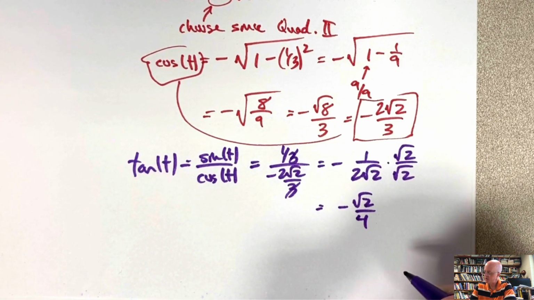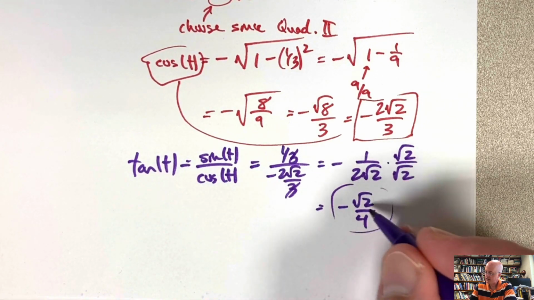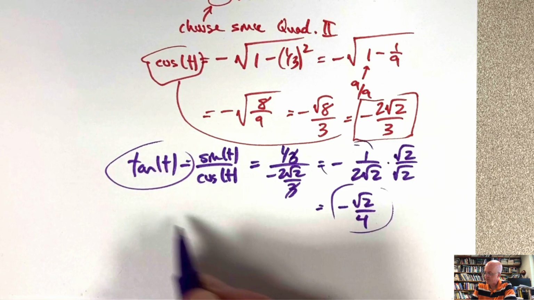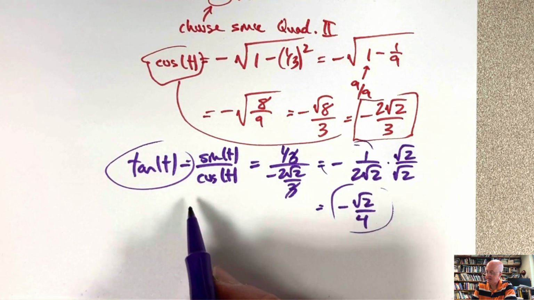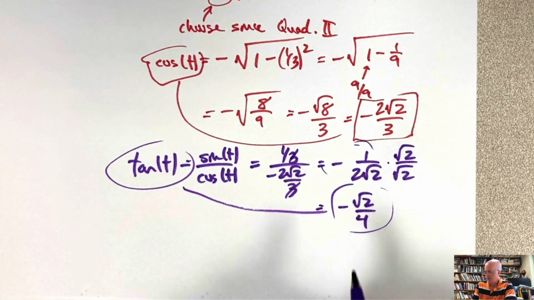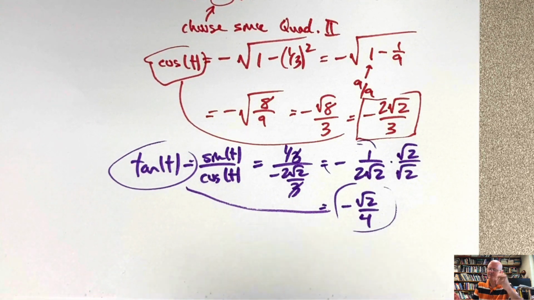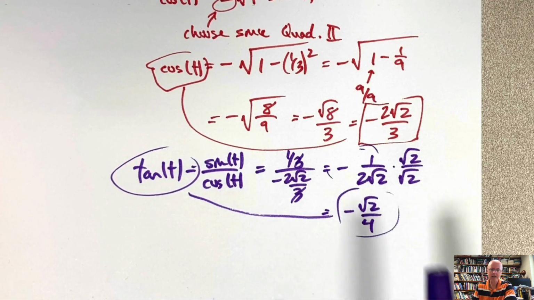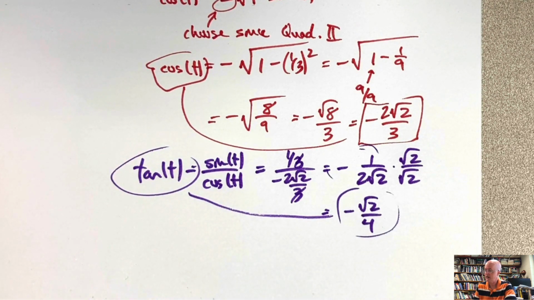So it looks like the tangent of t is this quantity, which again, I'm fine with leaving like that as well. My students, you don't have to rationalize the denominator. Rationalizing the denominator just makes it easier to check answers. It's also a useful technique in some harder kinds of problems. Okay, so those are the answers. And those are the exact answers, and you can approximate them with your calculator.